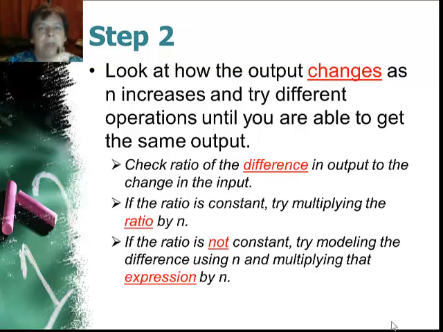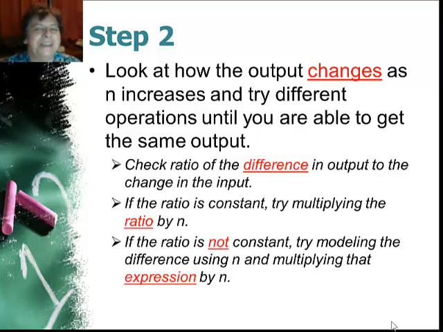If it gets bigger with each increase, there's probably a multiplicative ratio. If it's a constant, try multiplying that ratio by whatever n is. If the ratio is not constant, try modeling the expression using n and multiplying that expression by n.